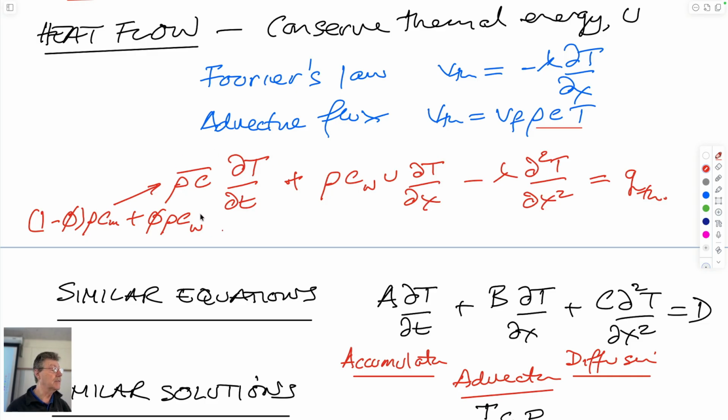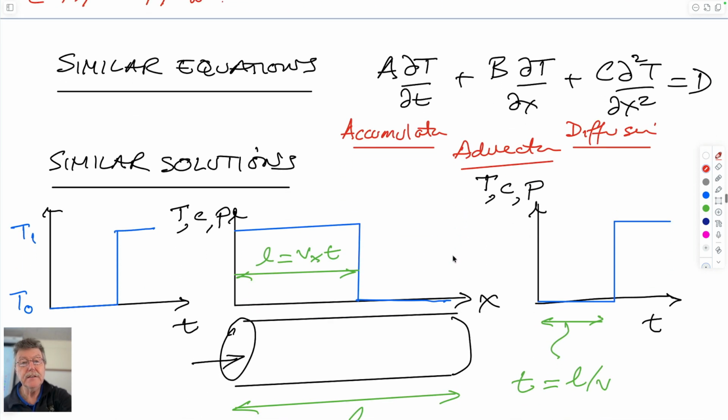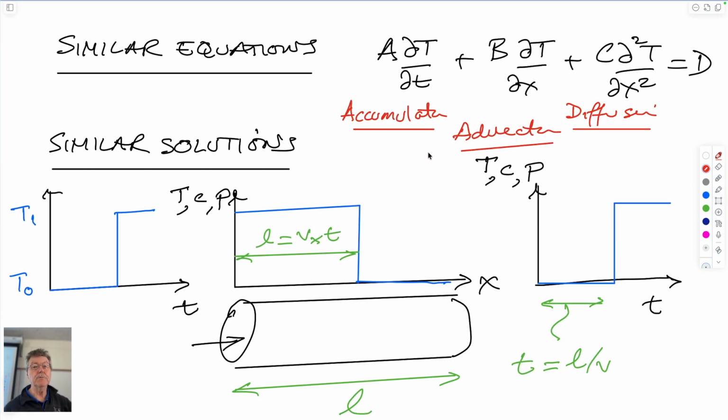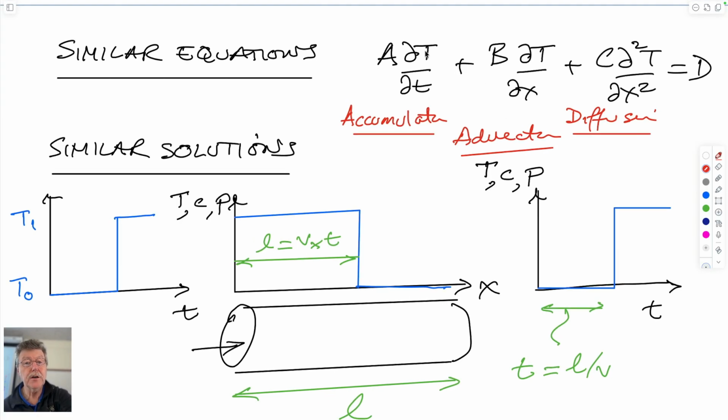and the imbalance between in and out is the accumulation or depletion in the reservoir. And so all these equations look exactly the same, and if we write them in terms of the accumulation term, the advection term, and the diffusion term, this diffusion term takes different forms, either for temperature, concentration, or pressure, and we can solve them.